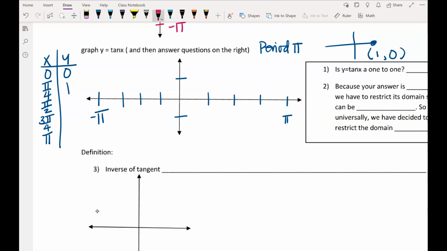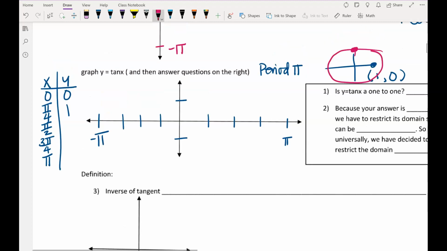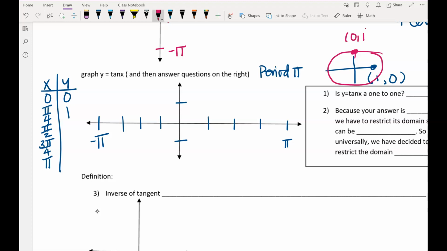Where's pi over 2, by the way, Nick? Look at, here's my unit circle. It's 90 degrees. What's the ordered pair for that? 0, 1. And tangent is what divided by what? Y over x, right? Good. So is it undefined? Yes, good job.